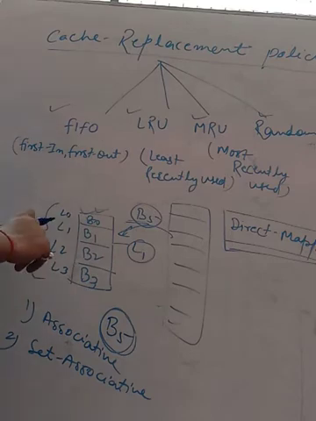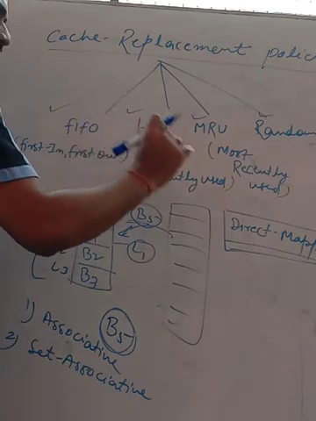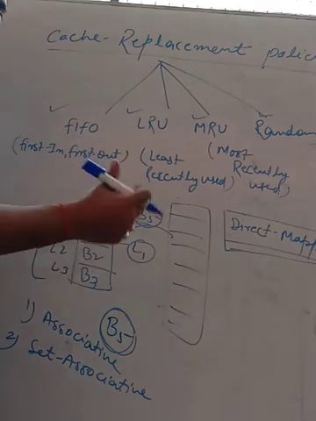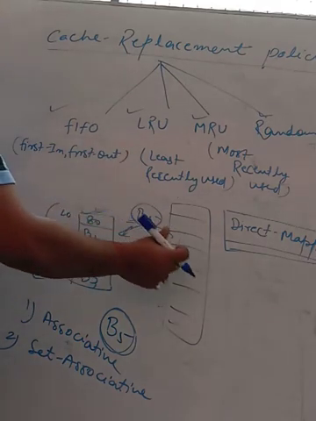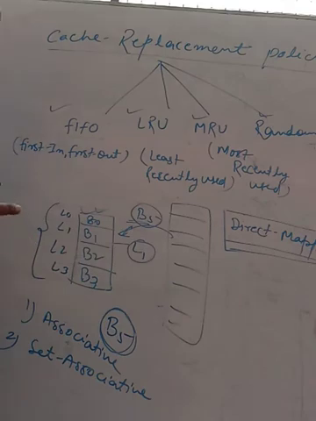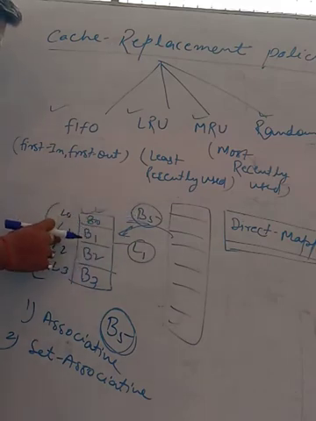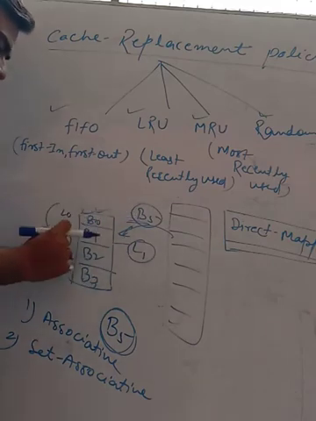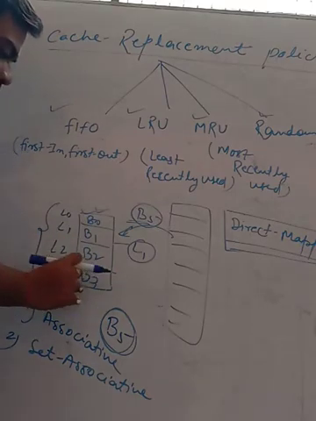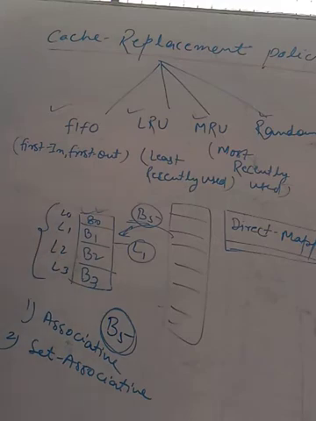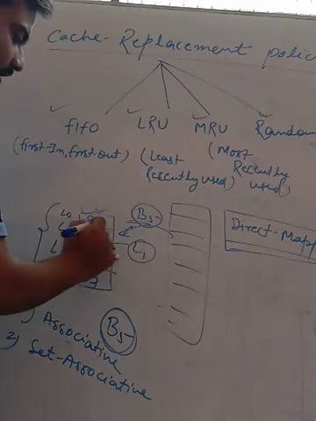These are the basic 4 strategies of cache replacement, one of which can be applied. Direct mapping is a process of fixed allocation of blocks from the main memory to the lines of the cache memory. B0 will always be stored in line L0, B1 in line L1, B2 in line L2 and B3 in line L3. B5 should always be stored in line L1.